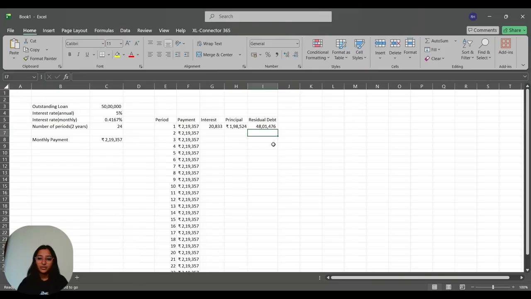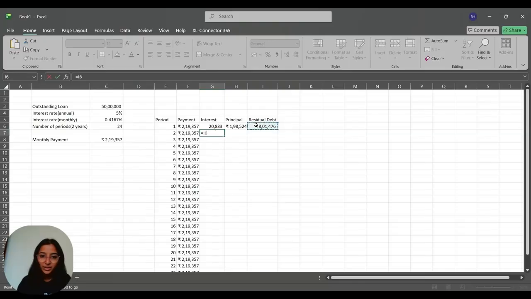So after the first EMI, the loan drops from rupees 50 to 48 lakh. In the second month, interest is calculated on the lower balance, which is 48 lakh 1,476, which equals the residual debt into the interest rate.